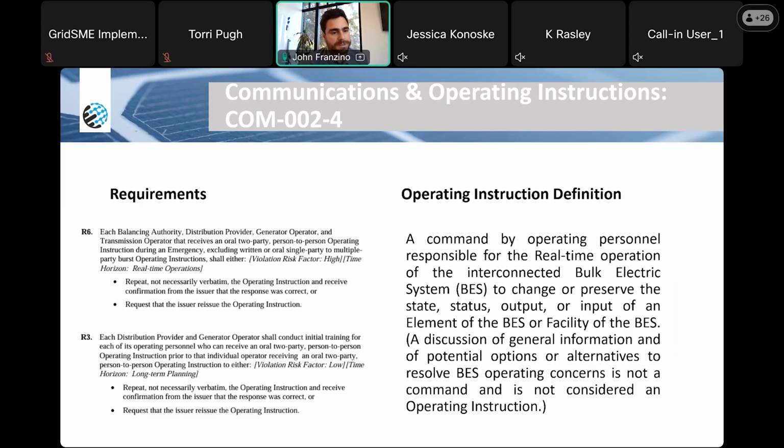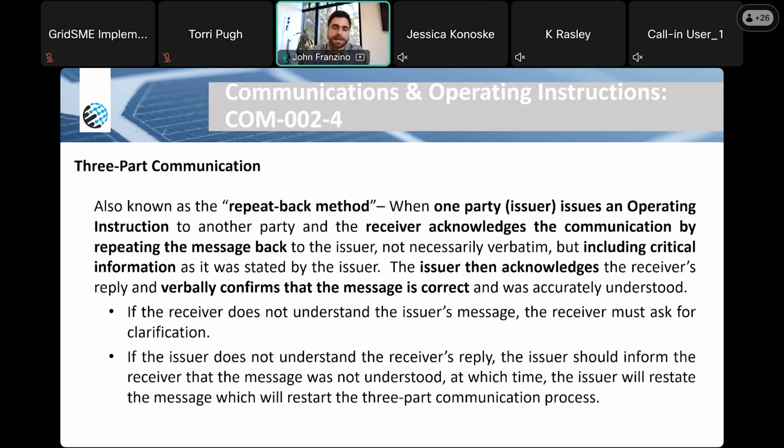We see three-part communication probably more times than you may realize. But first, let's define it. It's that repeat back, right? I think you see it at Chick-fil-A often. They're really good. Starbucks does, and really anyone that needs to ensure they heard your order will repeat it back to you. That's the same thing.